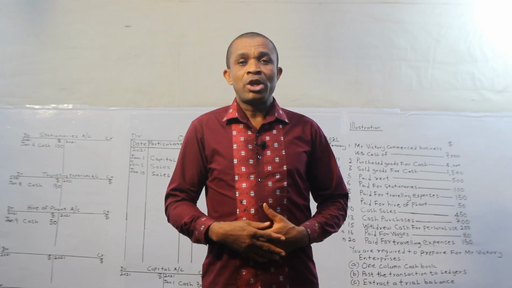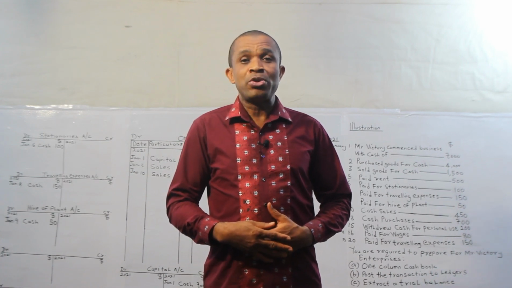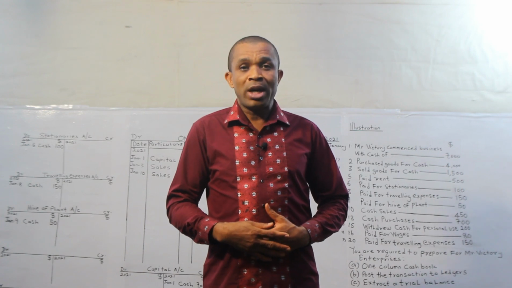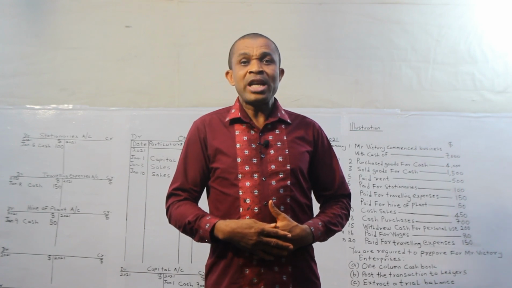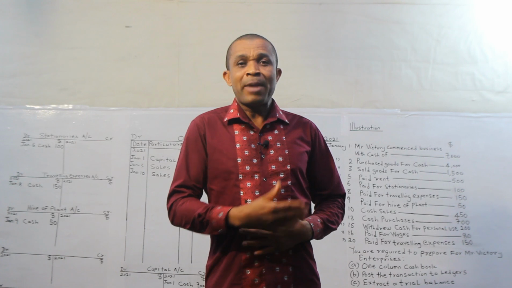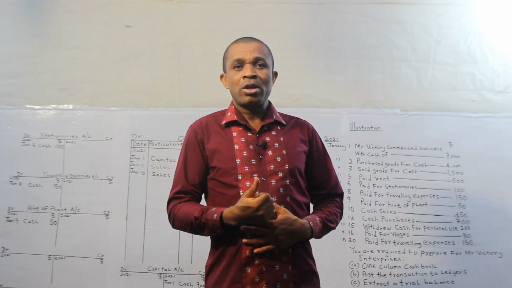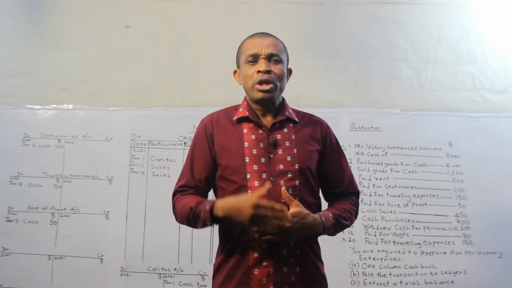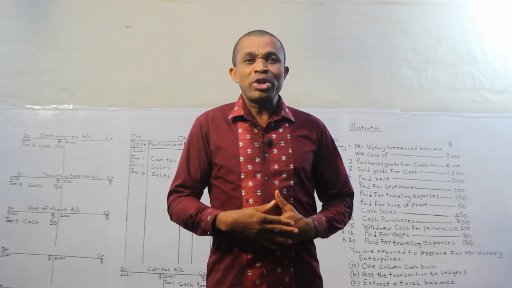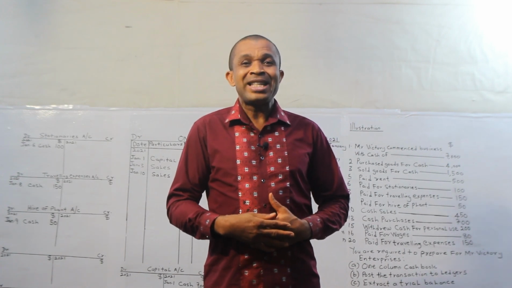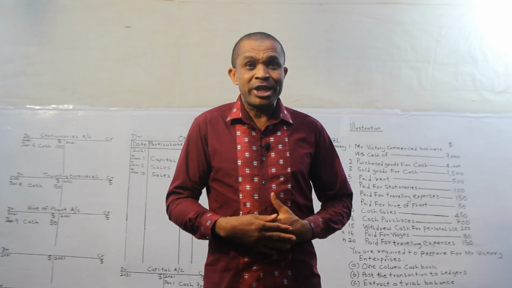January 15th, we drew cash for personal use, $200. When you hear the word withdrew, it appears as if the cashier is withdrawing money. No. When you hear the word withdrew cash for personal use, it applies to what we call drawings.